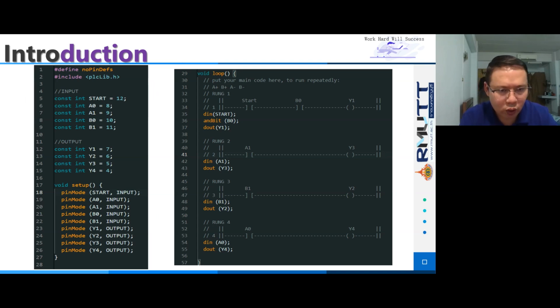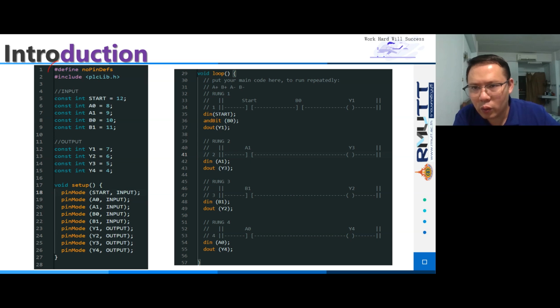In the control, I will use the Arduino to control the pneumatic system, because we use a controller. The controller is the Arduino. I will write a program using the C++ language to control the pneumatic system.